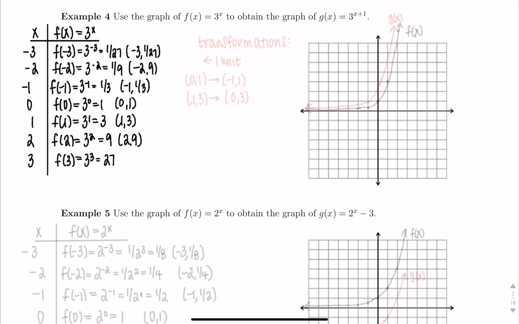So let's go ahead and plot the original first. I'm going to start from negative 1 and go up to 1 since the other ones have pretty big y values. So negative 1, 1/3, 0, 1, 1, 3.